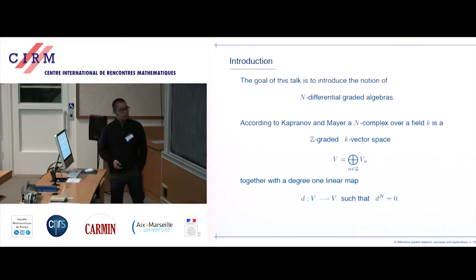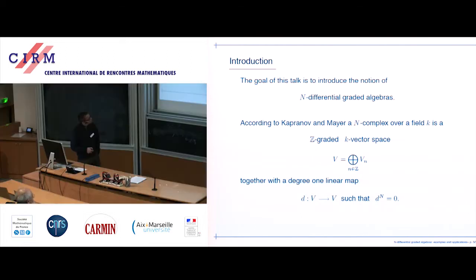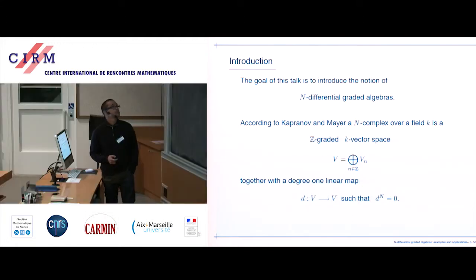So an N-complex is just a C-graded vector space. You can write it like this, and you have a degree 1 linear map such that if you take the n-th power of the differential, you get 0.